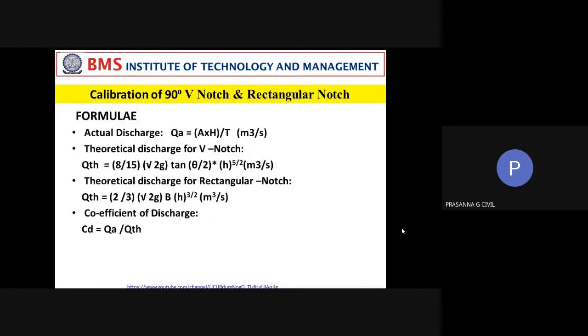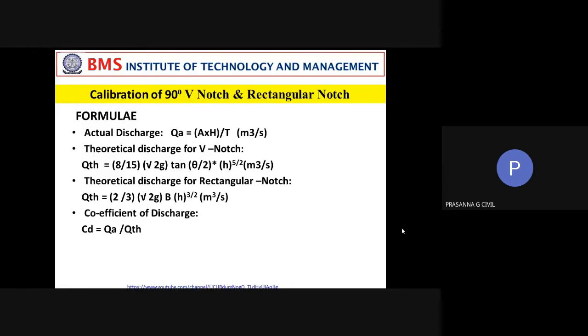Formulae that are being used are: actual discharge Q = A × H / T, where A is the area of the collecting tank, H is the rise of water in the collecting tank, and T is the time for rise of water in the collecting tank. Theoretical discharge formulae for V notch and rectangular notch are different.